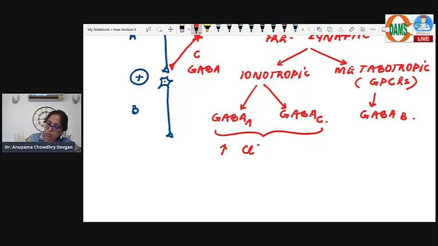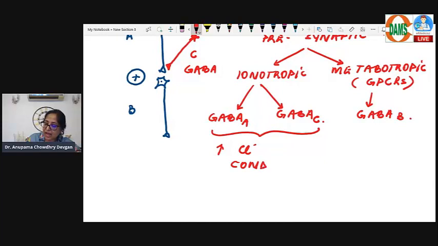Right? Now, GABA A and GABA C receptors increase the chloride conductance. And we have already discussed this, that if there is increase in chloride conductance, that means they basically cause opening of chloride channels. If a channel is open, I told you last time, that particular ion will move from higher to lower concentration. So it comes from outside to inside. There is an influx of chloride. And if there is an influx of chloride, what will happen to the potential of the neuron?